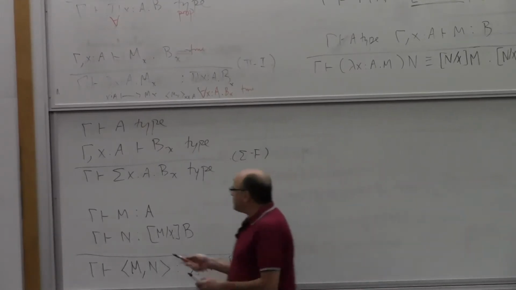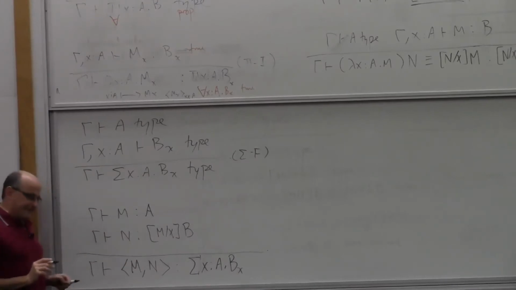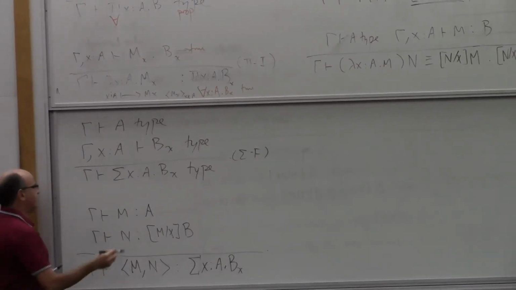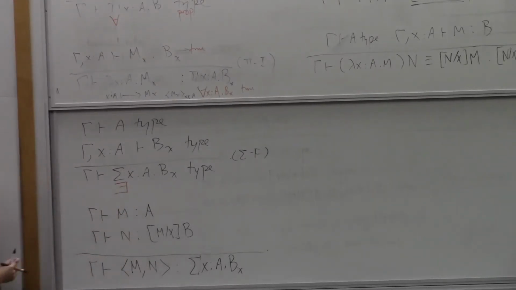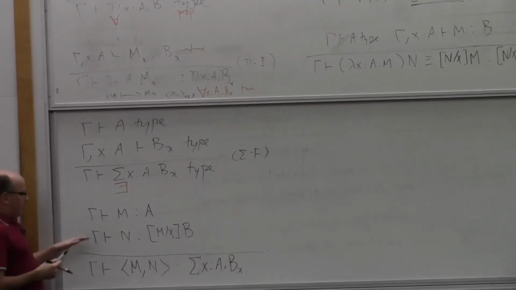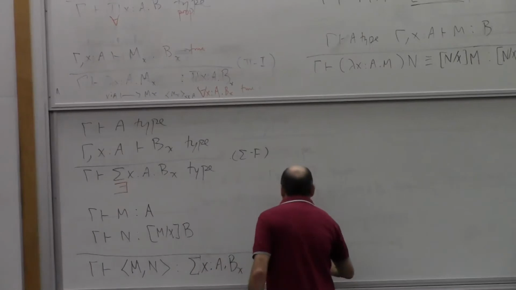So now I want to say that this corresponds, and again, the correspondence is a little awkward because it doesn't line up with some textbook exactly, and I'll tell you why in a minute. But it sort of corresponds to an existential quantification. You can see this nicely when you look at what is called the sigma introduction rule.